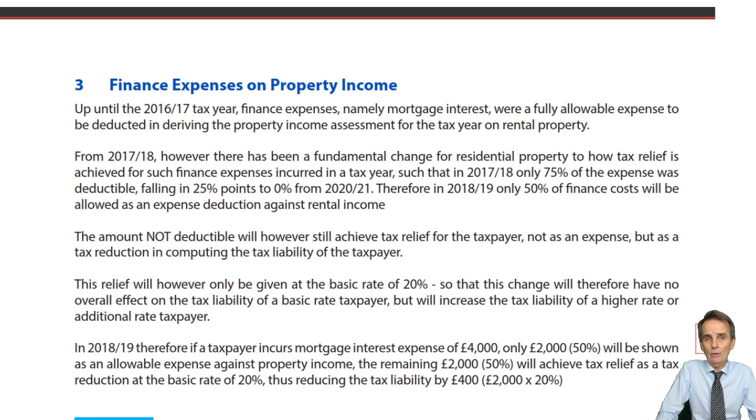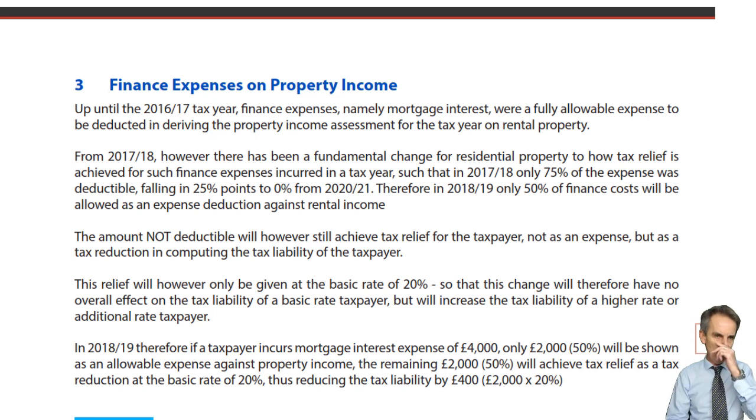And up until and including the 2016-17 tax year, any such finance expenses that they incurred were allowable expenses against the property income. So it would reduce the property income assessment to then include upon the income tax computation. The figure assessable for property income would have been made lower by the full amount of the finance expense incurred.